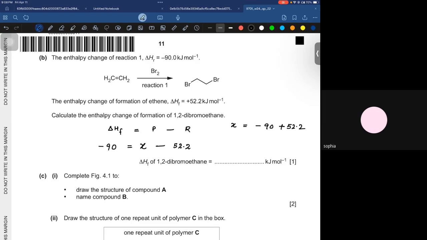It would give your correct answer. So what's the answer? Minus 37.8.